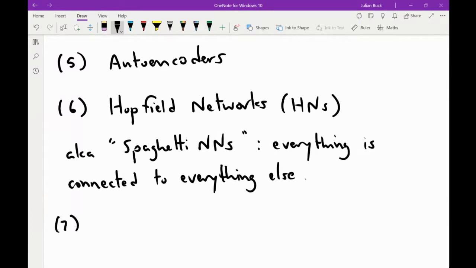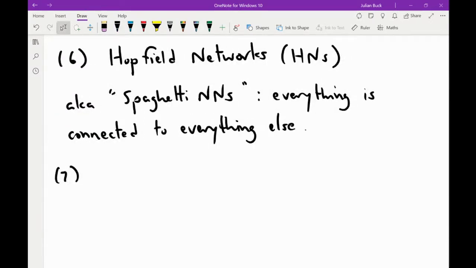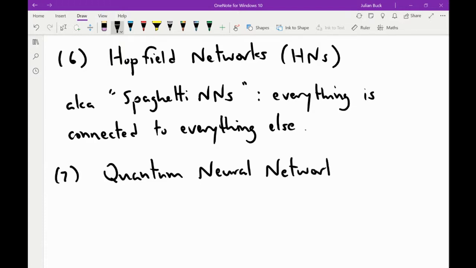And then finally, a very modern topic that's still in its infancy, in the stage where people are trying to work out what it should be: what are called quantum neural networks. The idea here, and this is still at a relatively theoretical stage, is to replace ordinary information with quantum information, what are called qubits.